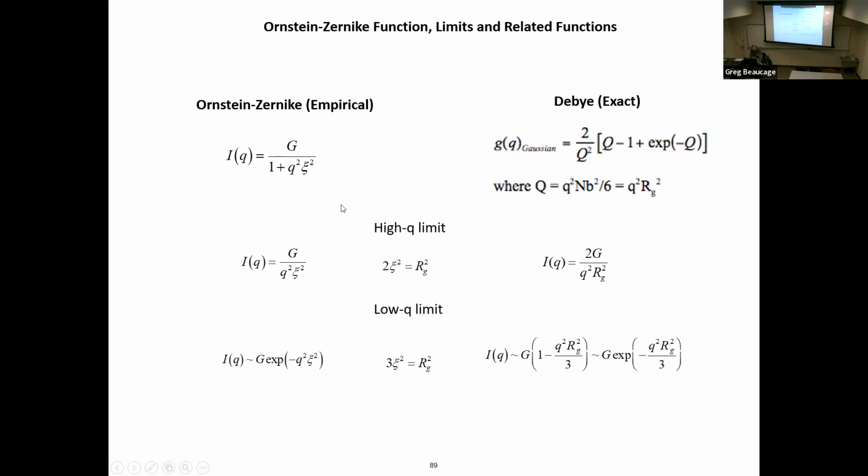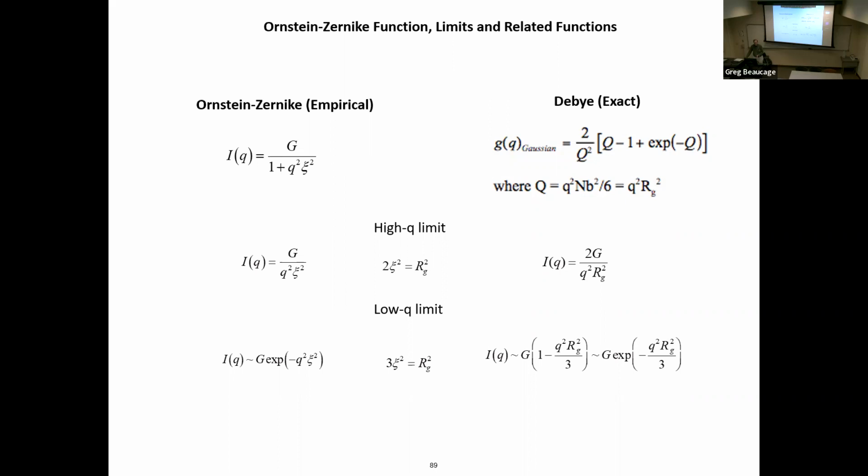So this function is Ornstein-Zernike. Zernike won the Nobel Prize for the confocal microscope, but he also did this thing about correlations. Anyway, in a footnote to one of his papers, he says this function could describe random systems, but it's not an analytic function. It's just a fitting function.